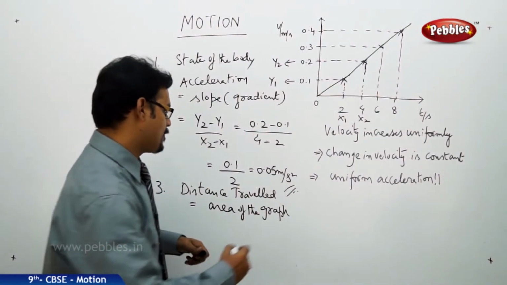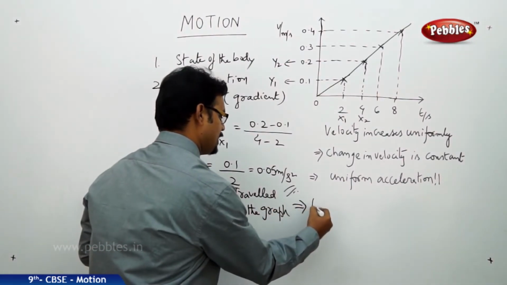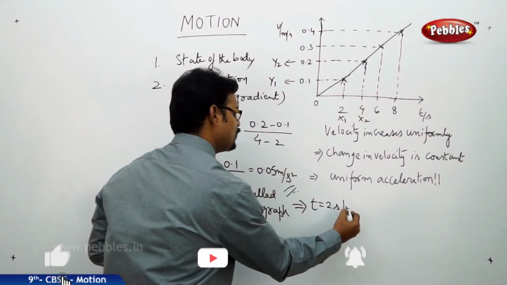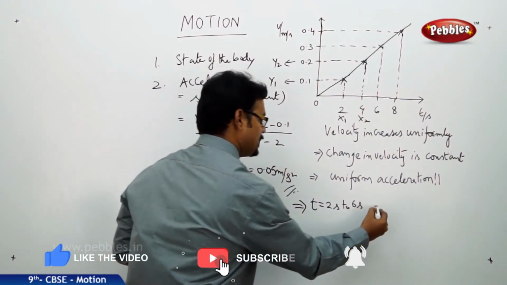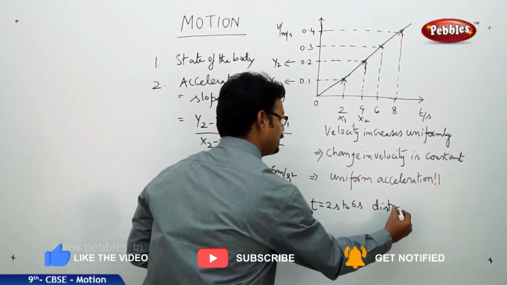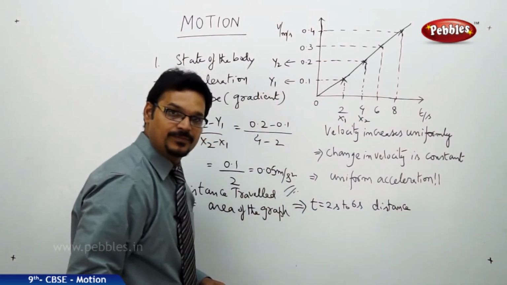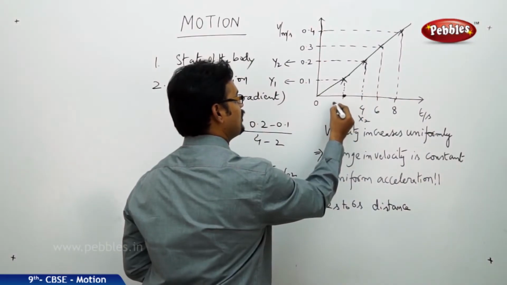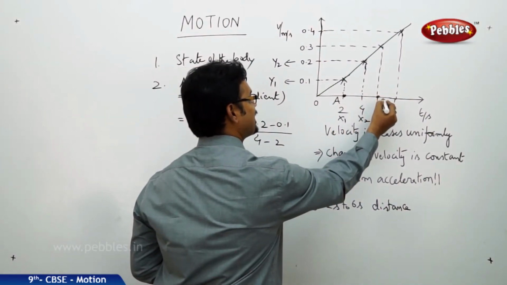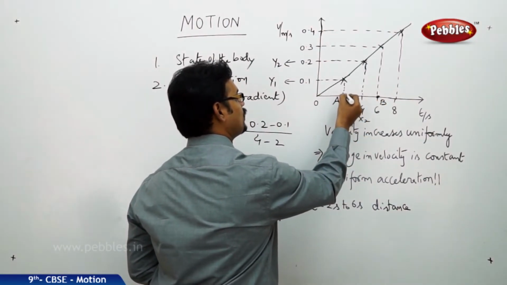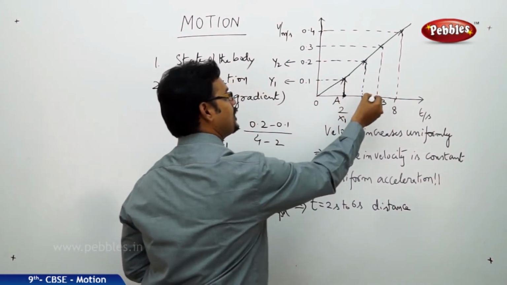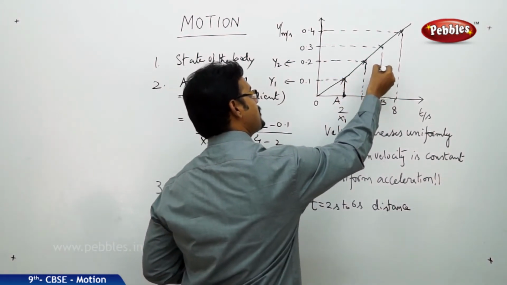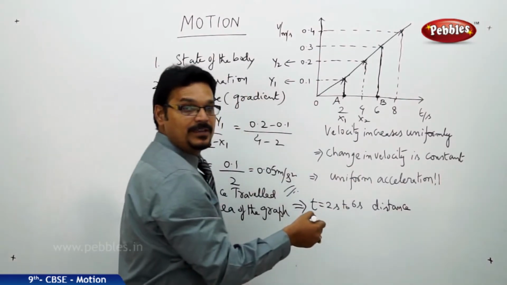Let us solve. t equals 2 seconds to 6 seconds, distance we want. Okay, see the graph carefully. At 2 seconds, let me put some labels for this. A, 6 seconds is B. So this is the line, this is B, the solid line you see.